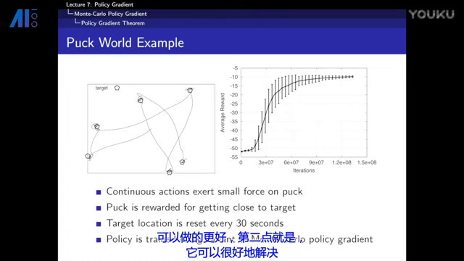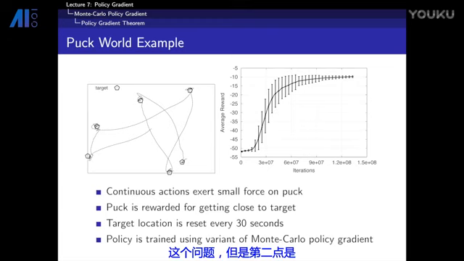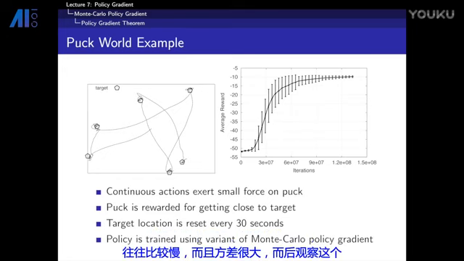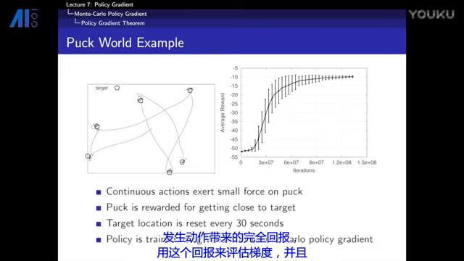The second thing to take away, so it solves this problem very nicely, but the second thing is that the scale here, we're talking 100 million iterations to solve this problem. So it's slow. Monte Carlo policy gradient methods tend to be slow. They're very high variance. They're looking at this complete return of what happened, estimating the gradient from that return and moving in the direction of that estimated gradient.